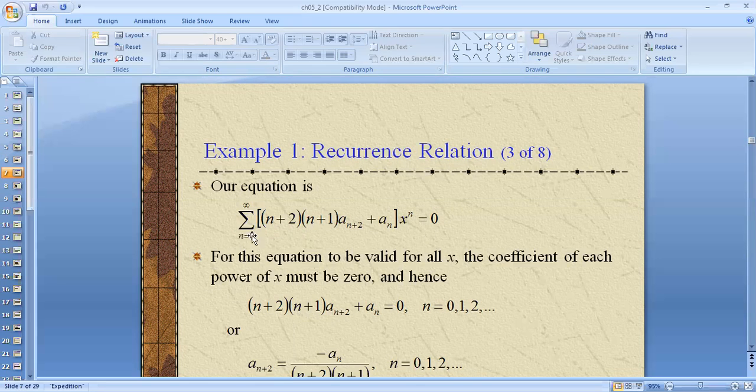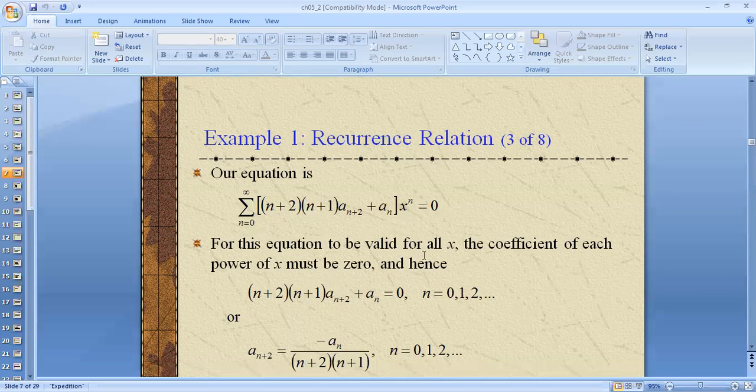After taking x to the n common, summation n equals 0 to infinity, this equals 0 on the right hand side. For the equation to be valid for all x, the coefficient of each power of x must be 0. That means the coefficient of x to the power n, the whole bracket, (n plus 2)(n plus 1) a n plus 2 plus n a n, equals 0.